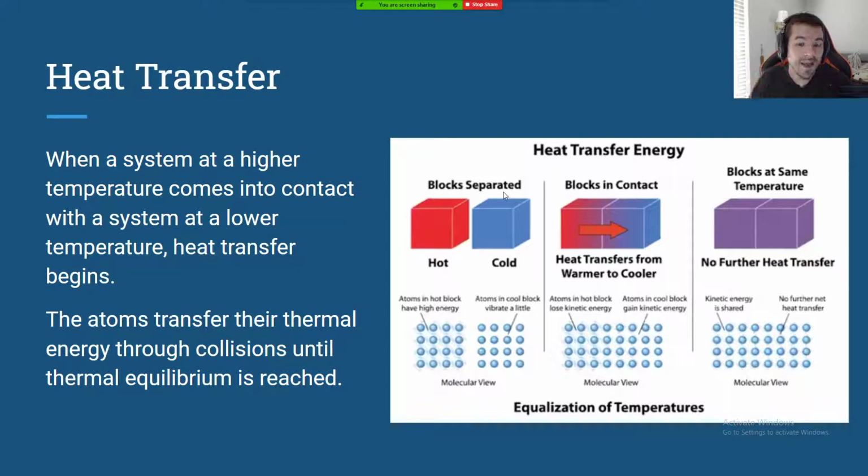So how does that happen? Well, I watched the little video that AP Classroom put together, and they make it really complicated. I don't think it's really that complicated. These atoms in the hot block are vibrating really fast. It is a solid, so the particles are not able to move past one another. They are locked into their positions, but they are able to vibrate in that position.